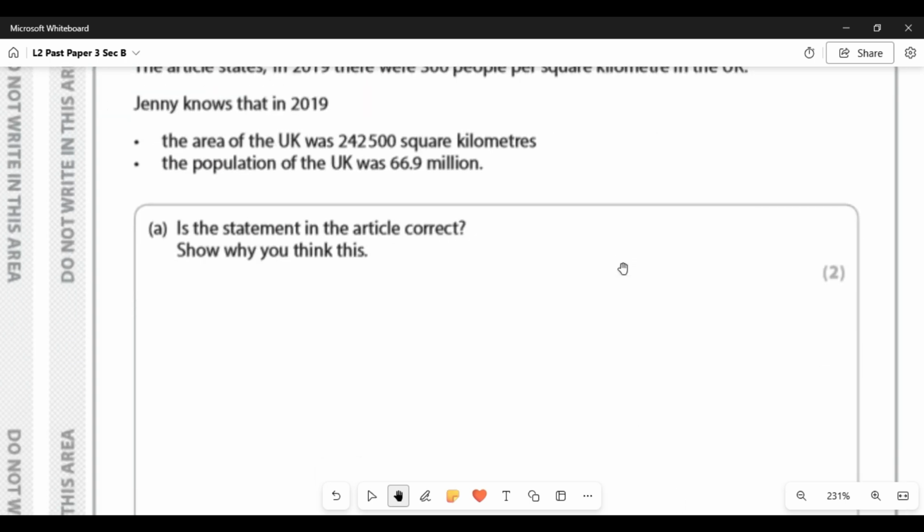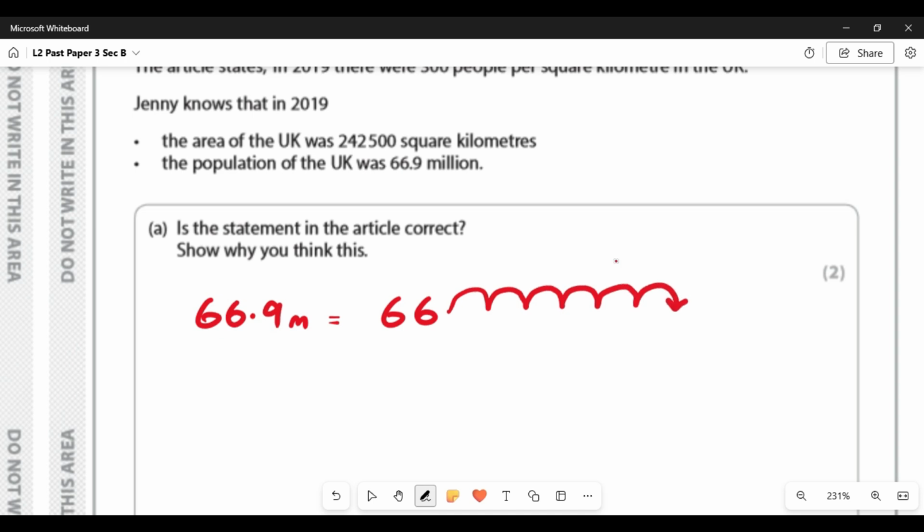So let me just change 66.9 million, and let me draw the jumps. I think it's going to be 66 million, so that means it's going to be 6 jumps to the right. 1, 2, 3, 4, 5, 6 is right there.